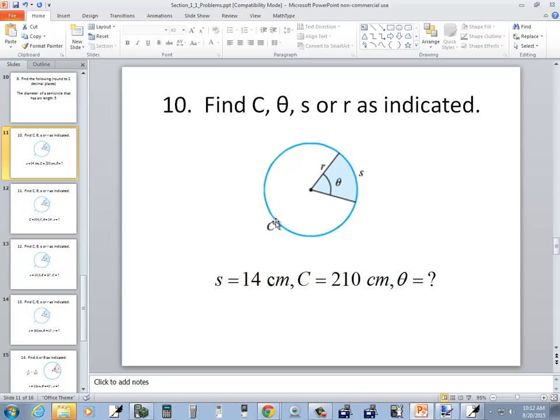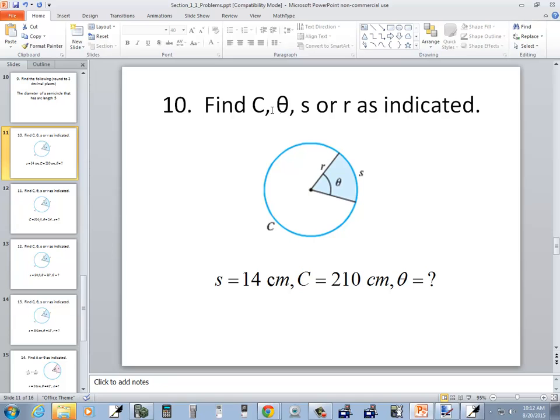Now don't think that the C here just represents this side here. C represents the distance all the way around the circle. The angle that it opens up is theta. And then the distance from the center to the outer edge is always R. So that's a formula we're going to work with. And on these next problems, they're going to give us different pieces of this, and they're going to ask us to find the missing variable.